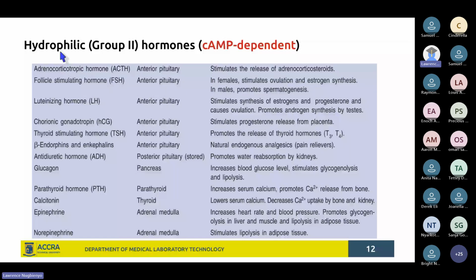So the hydrophilic hormones bind to receptors on the cell surface. So these are the hormones that will bind to the transmembrane receptors. Now, when they bind to the transmembrane receptors, they send a signal. And that signal goes to a molecule inside of the cell to carry out the biochemical response.